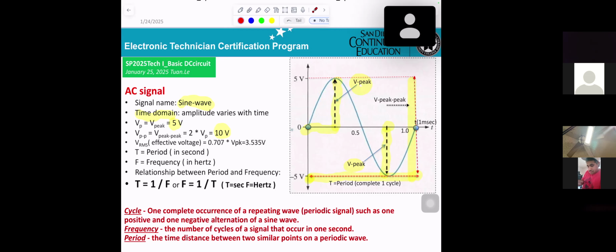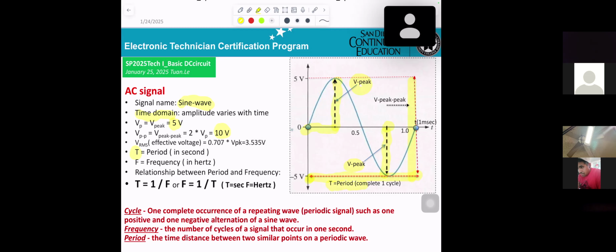They say this is the period. Okay. One cycle. And the period, they call it T. Period. Complete one cycle.